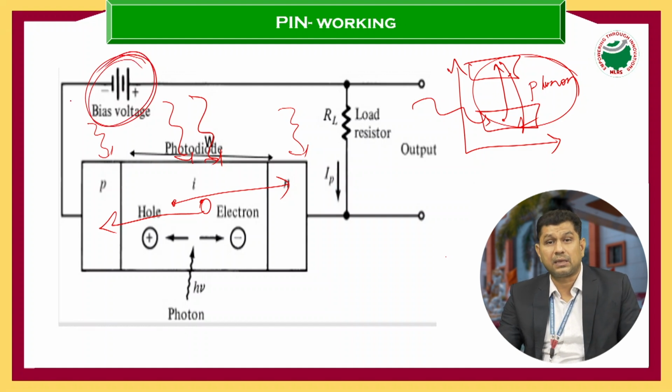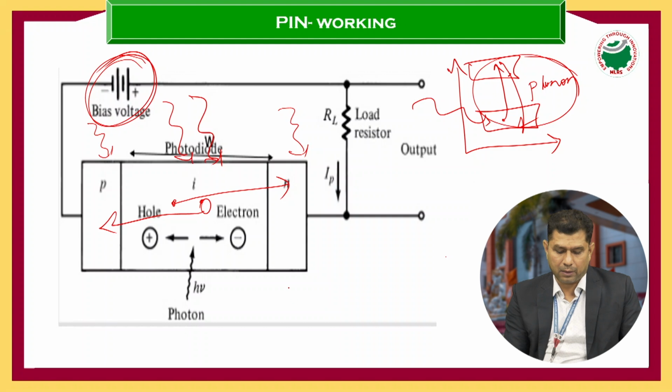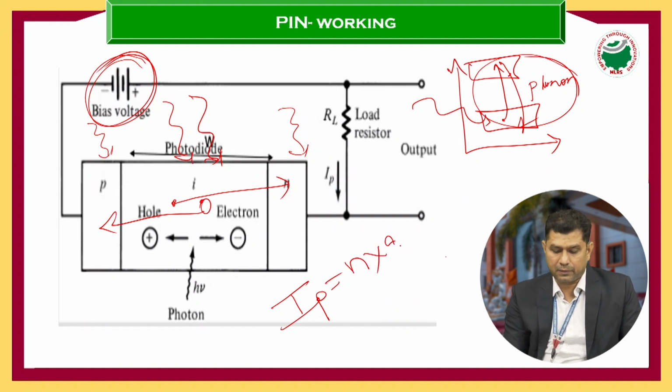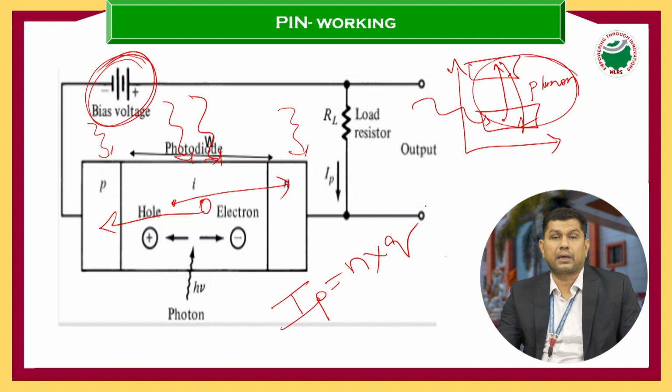This causes the generation of current, called photocurrent. This photocurrent, which we represent with ip, is proportional to the number of charge carriers generated and the charge of the electron, because the charge carriers have the charge of the electron. This is the current generated in the photodiode.